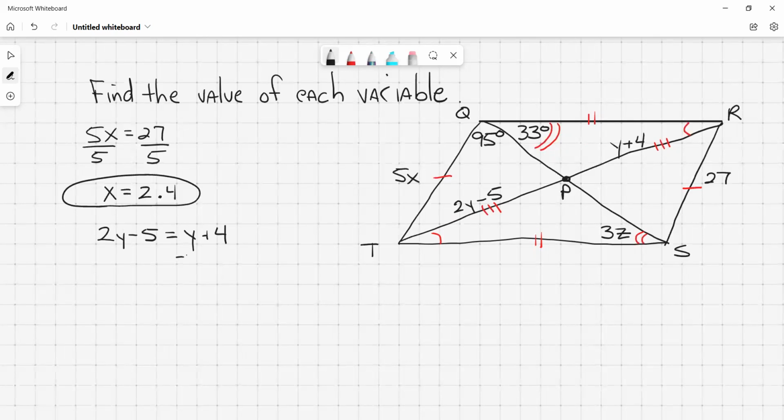So we can subtract y from each side, and 2y minus y is y, so y minus 5 is equal to positive 4. We can add 5 to each side, and we get y equal to 9.